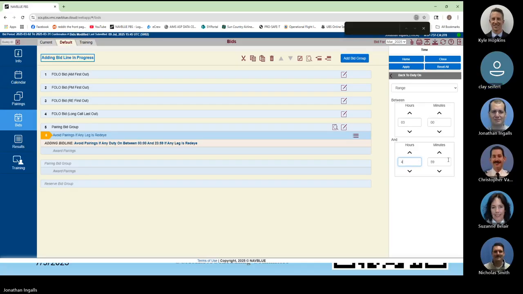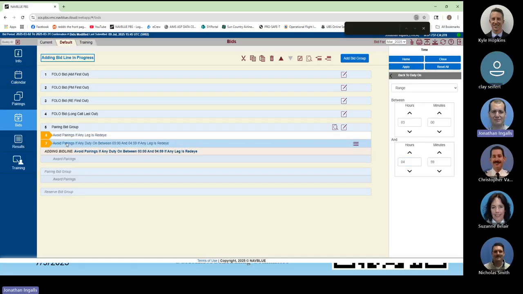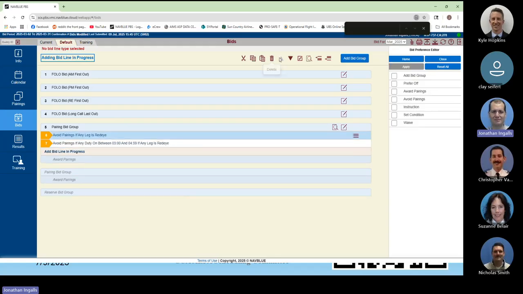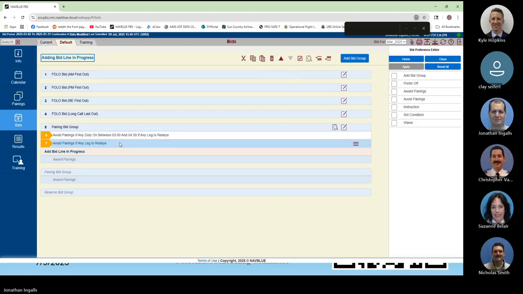Yeah. 3 a.m. to 4:59. Does that seem reasonable? Yep. All right, so this precludes any duty between 3 and 4:59. And remember, denial mode is going to take that out first. So we want to flip these. So red eyes is below.